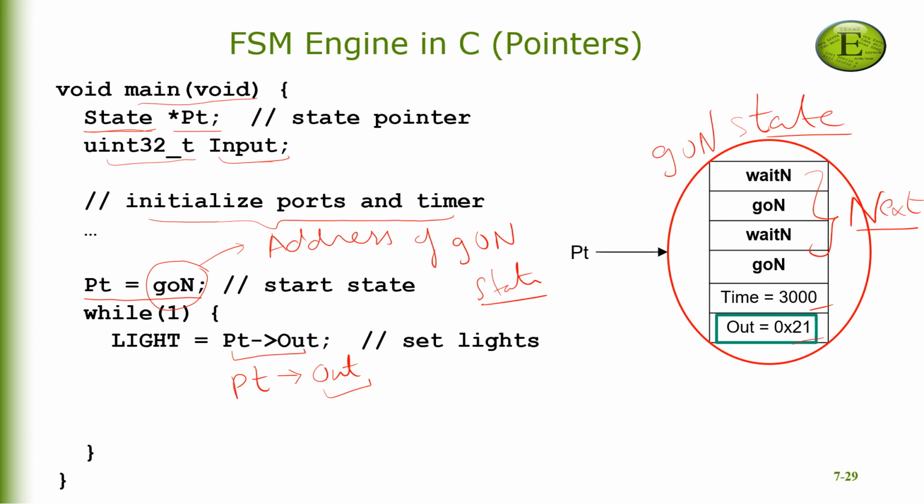So this is important to understand here. PT is a pointer to the state. So in order to retrieve the value out, in order to have access to the output stored over here, what we would like to do is apply the dereferencing to the pointer.